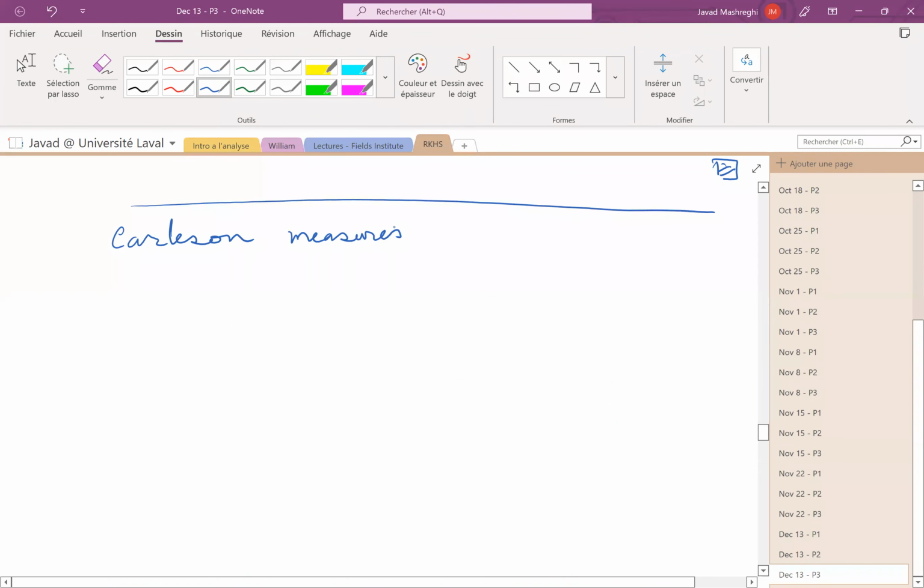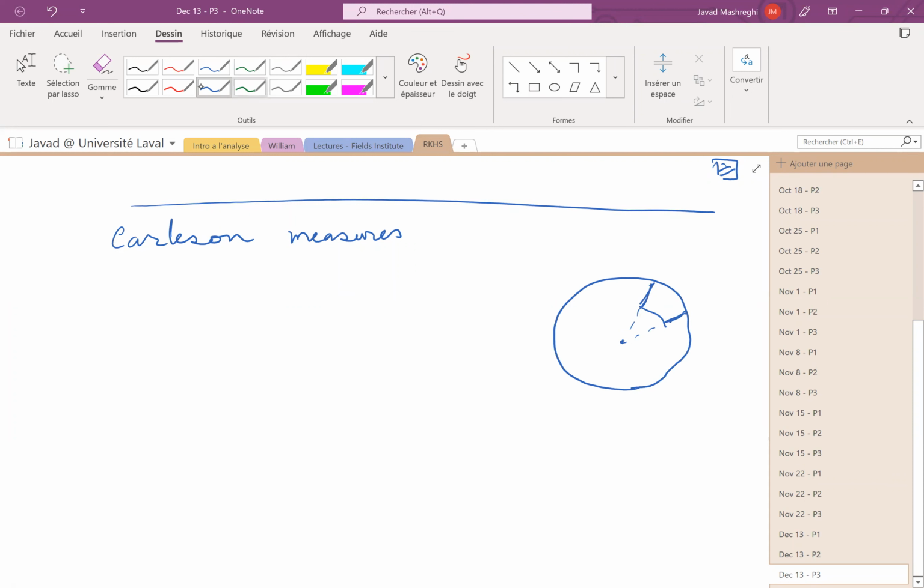For this, we need to know what is a Carlson window or Carlson box. I'm sure you have seen it many times, in particular in our focus program, in several talks, we saw the Carlson box.